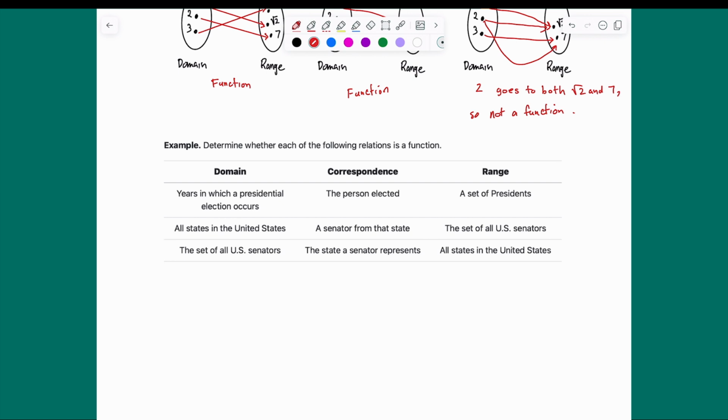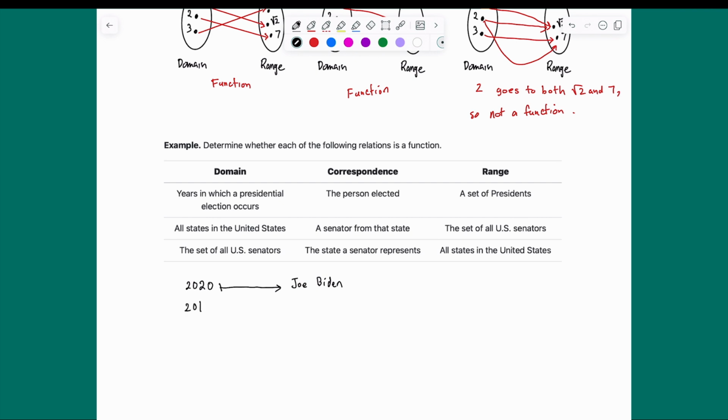And somehow there's a mapping from the domain to the range. Let's focus on the first row, where the correspondence is the person elected, and the range is a set of presidents. How would the correspondence look? Our last election was in 2020, and Joe Biden was elected, so the year 2020 gets mapped to Joe Biden.